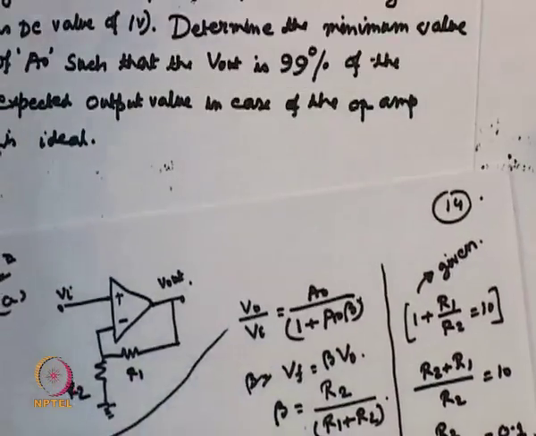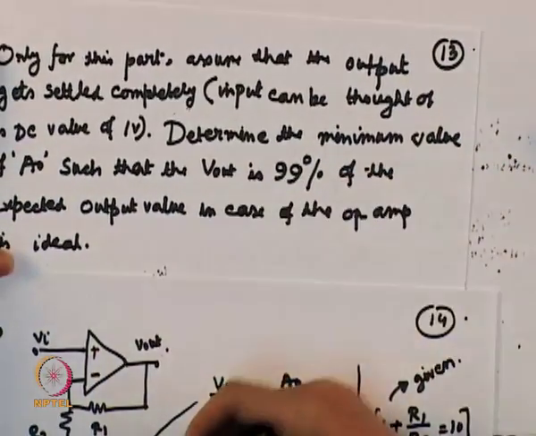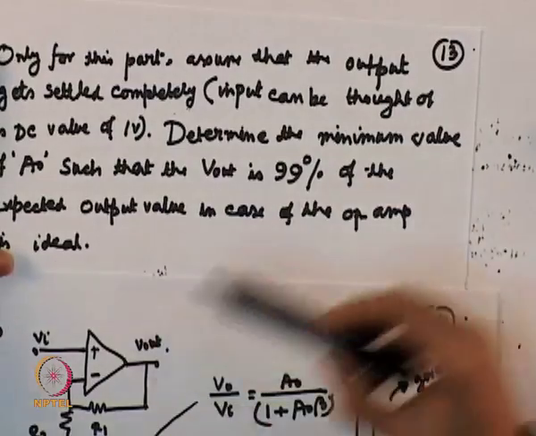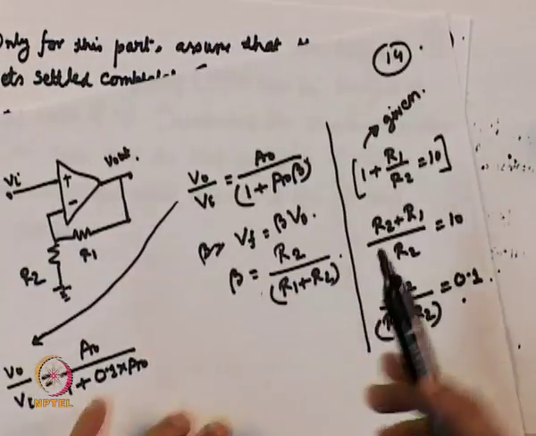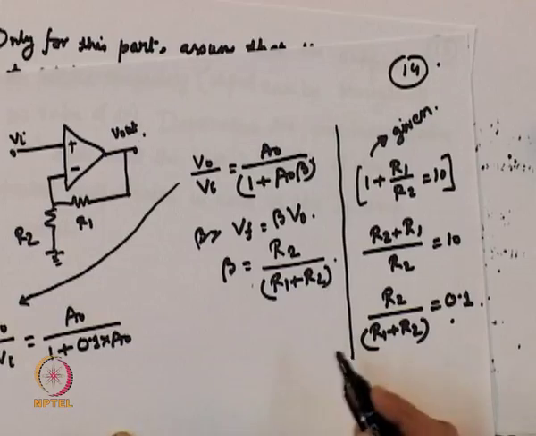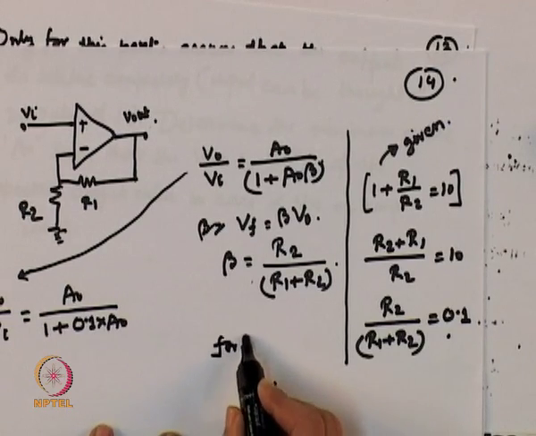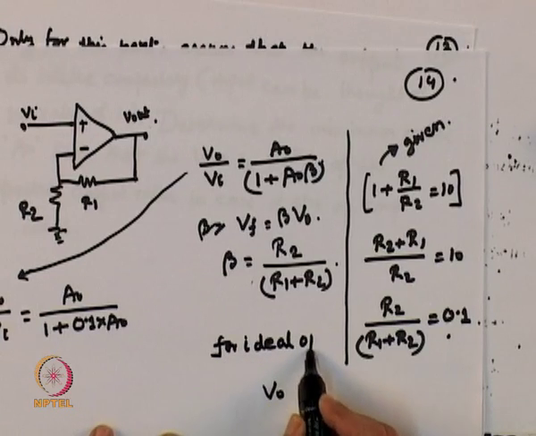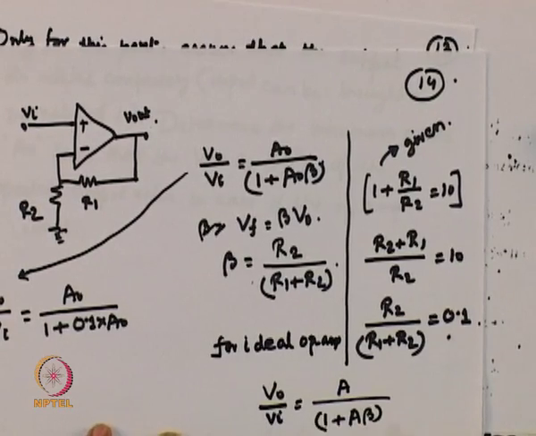Now, let us see the problem. Determine the minimum value of A0 such that this Vout is 99% of the expected output value in case the op amp is ideal. Now, let us suppose the op amp is ideal, then what will happen? For ideal op amp, Vo by Vi is A by 1 plus A beta.